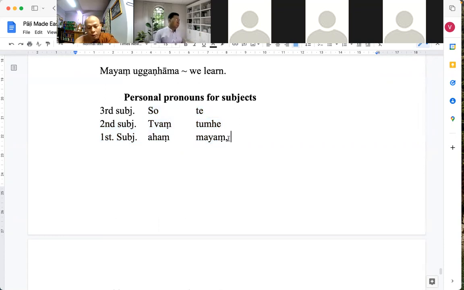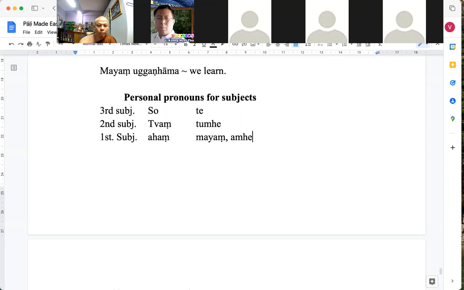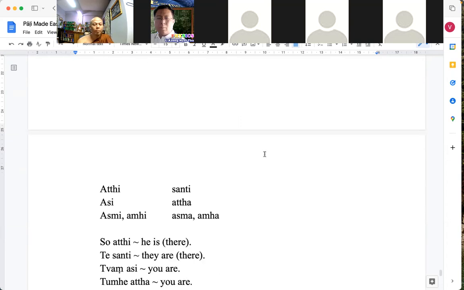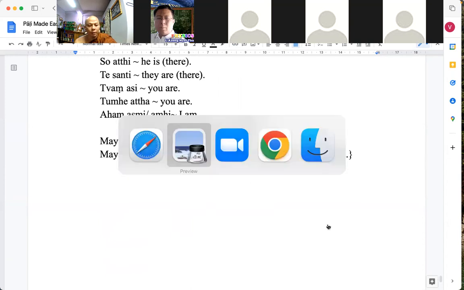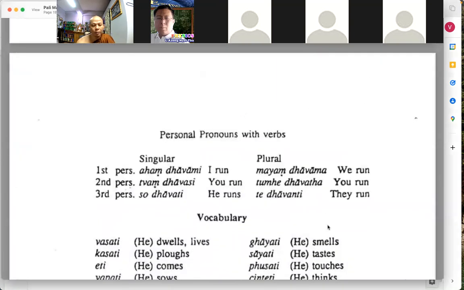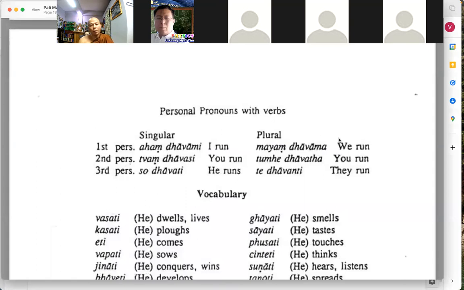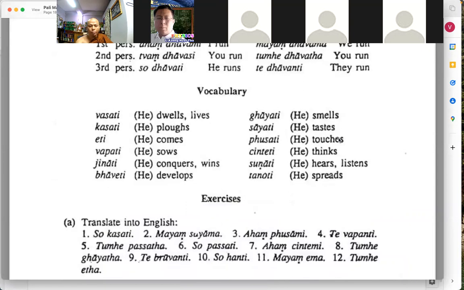And then the next part, you see, in the Pali sentences, easy. So now you know new vocabulary for verbs.